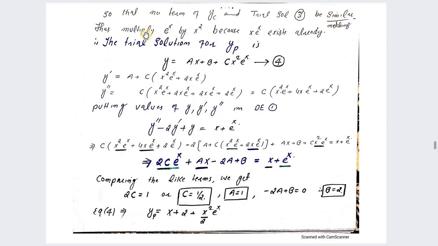Thus multiply e^x of the trial solution by x² because x e^x exists already in the complementary function. Therefore the trial solution for yp is y = ax + b + c x² e^x.